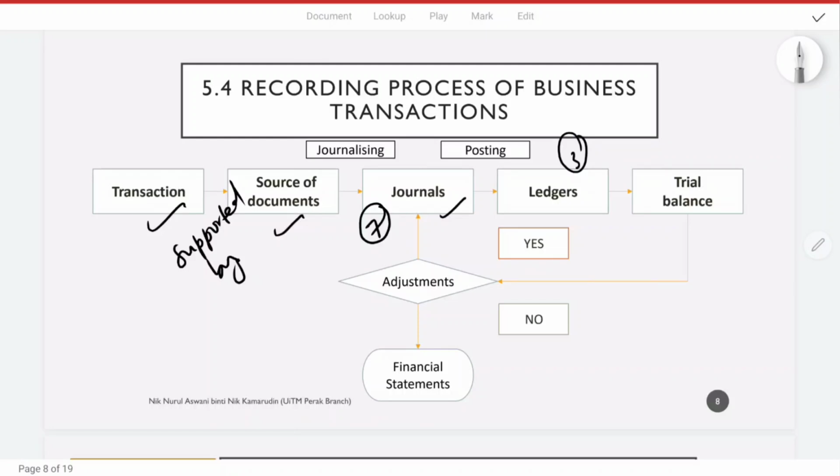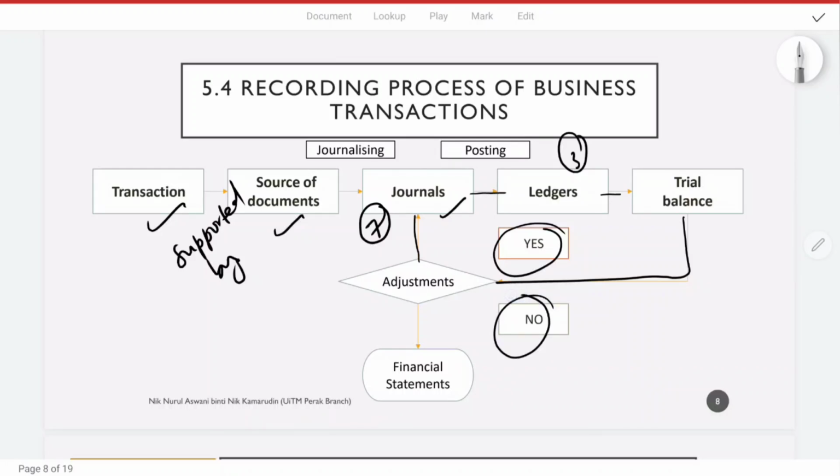And then you prepare the trial balance. For the trial balance, we determine whether we need adjustment. If yes, we go back to the journal where you adjust in the general journal, and then prepare the ledger, and then update the trial balance.